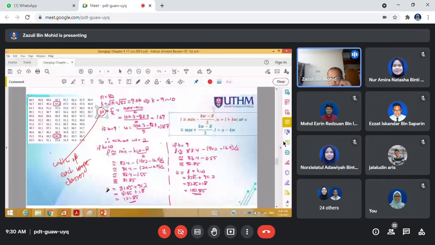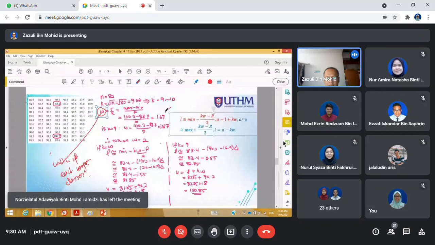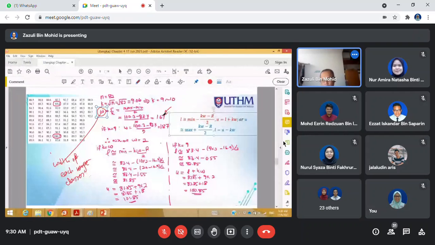This is the formula for you to calculate the upper and the lower. If you don't want to take 1.69 because it's difficult to calculate, you can make it 1.7. This one you can make it 1.9. It's okay like that.